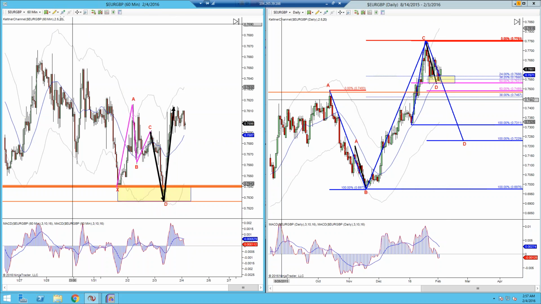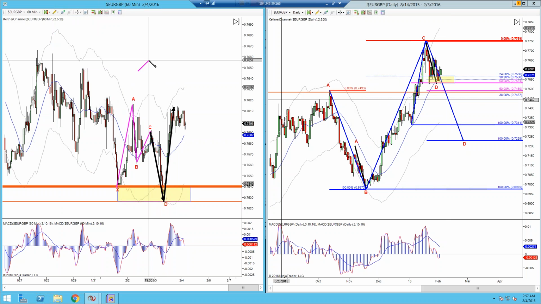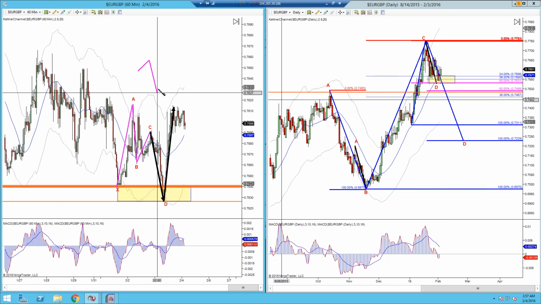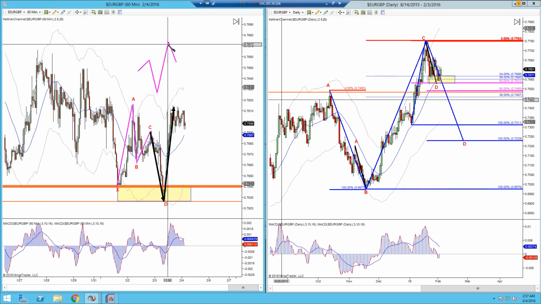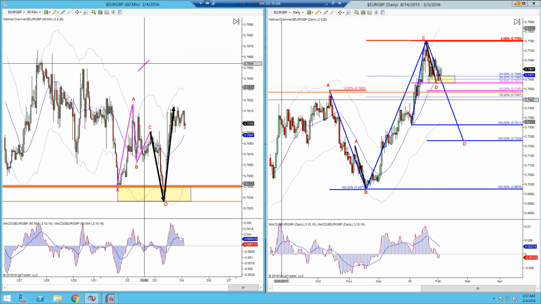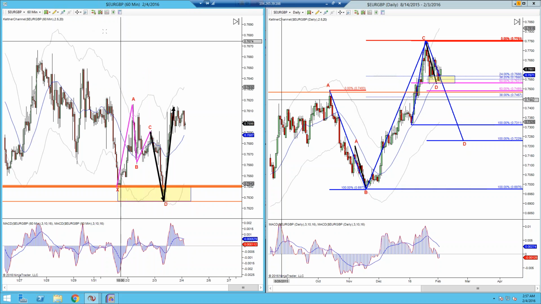Okay? So let's do a little drawing out. Okay, market does this, market comes down, market does this, market does that. Okay, this is that shift in momentum. Big shift in momentum. So what we're going to do is take a retracement value from two places.